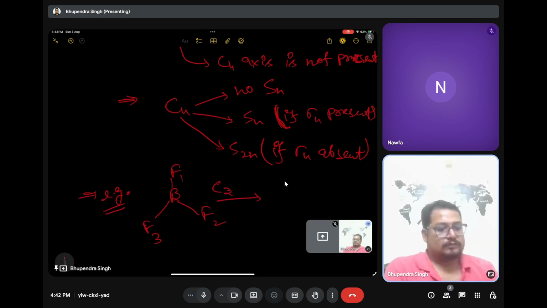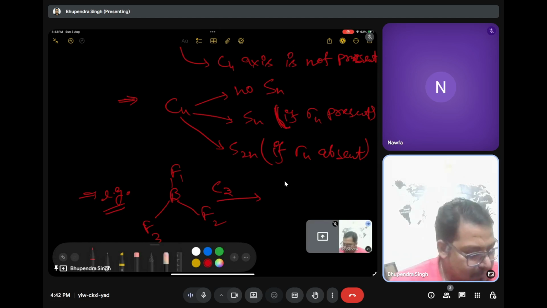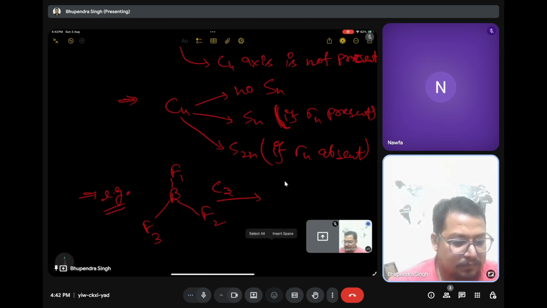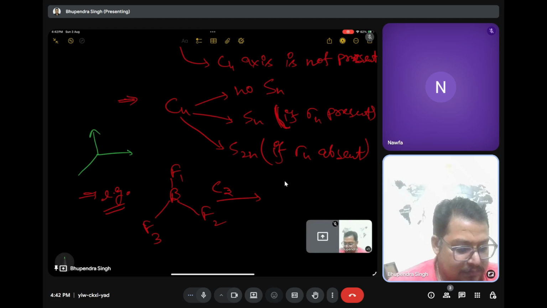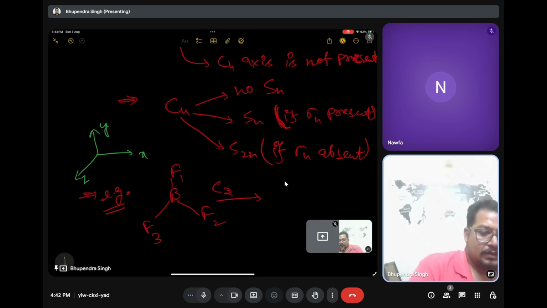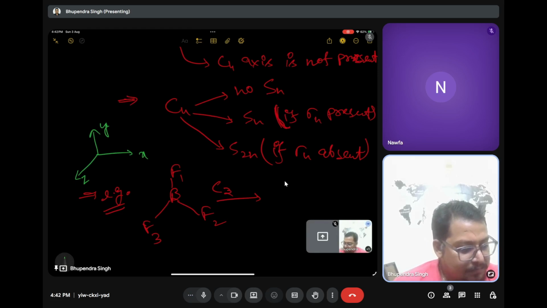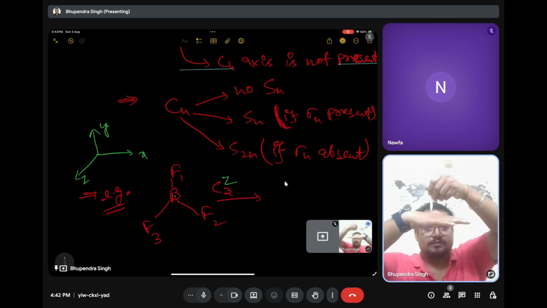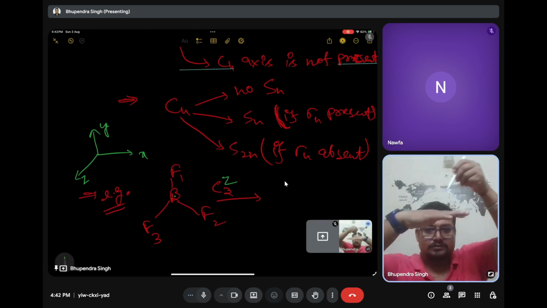Let's also make this orientation, this coordinate axis: x, let's say z, this is your y. If you are applying C3, the principal axis of rotation from here, it should be your C3z, because this is your BF3. So this is your Z axis.